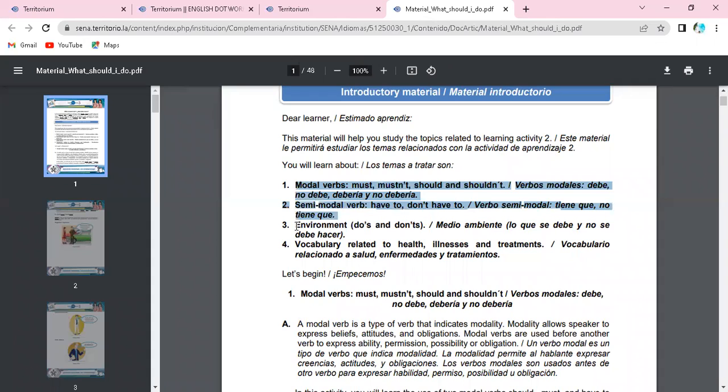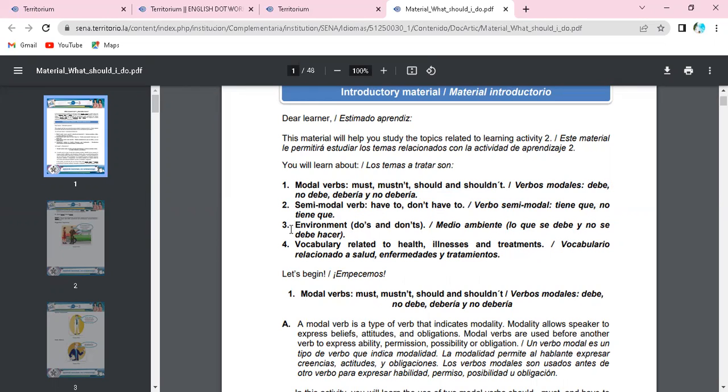And here you find the other information in this material. So you have to check by your own this second part, you know, like environment, do's and don'ts, and vocabulary related to health, illnesses, and treatments. Why?